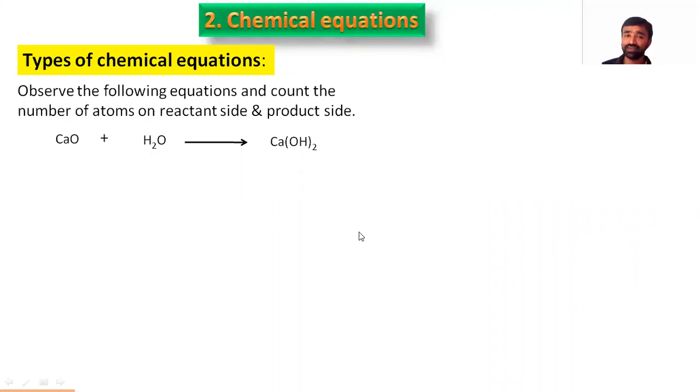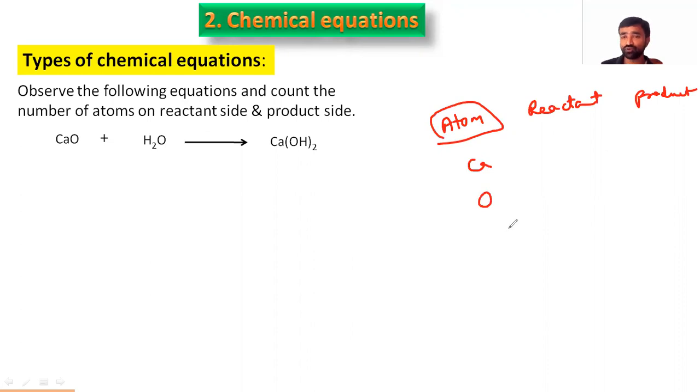Then here I need to count them. So for that, I am making a table. For what purpose? Here, I am checking the atoms on the reactant side and also on the product side. So what atoms are there? One is calcium, one is oxygen, and the other is hydrogen. So here I note the atom name. Then I check the count of calcium: what number of atoms are present on the reactant side, and what number on the product side, for the same element.